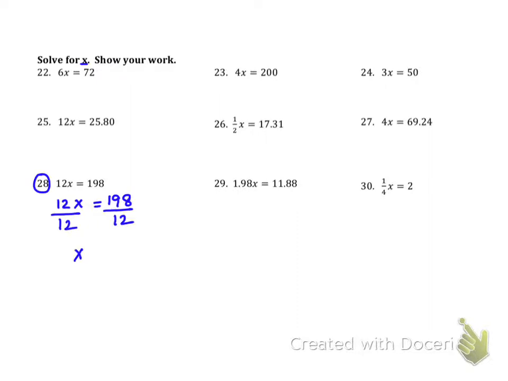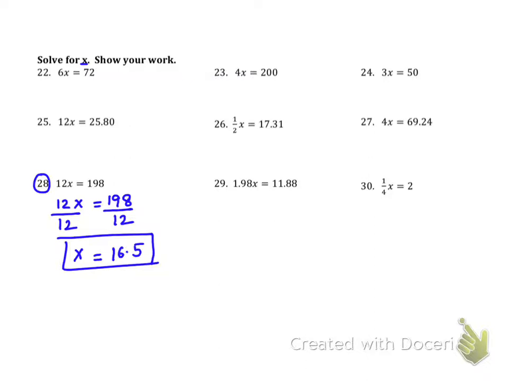I feel like it's not going to give you a whole number. Either you can use the calculator or you can divide it, and the answer is going to be 16.5. Or you can cross cancel, you can do anything, whatever you want.